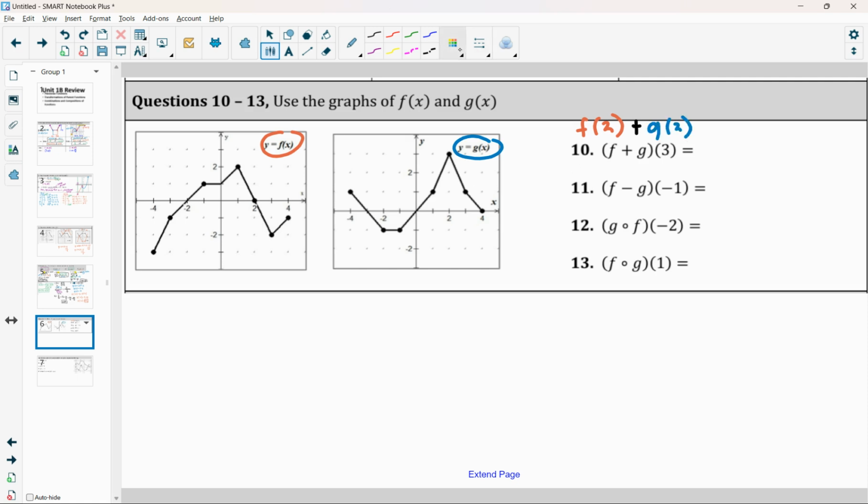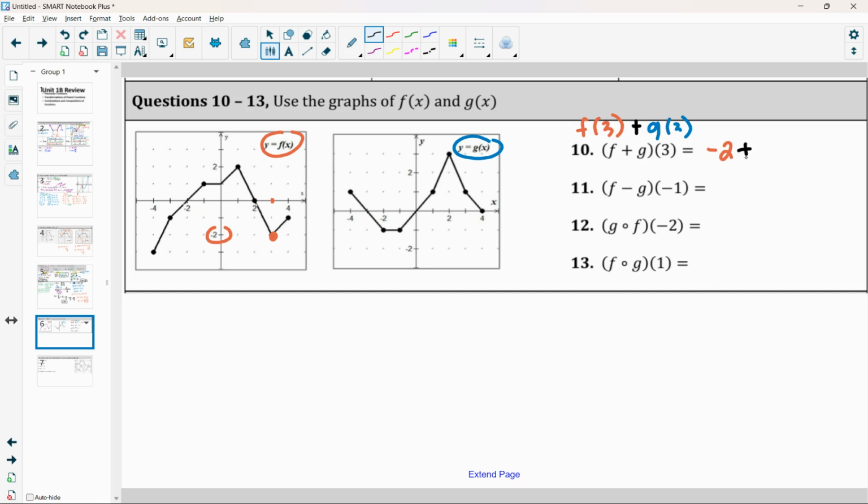So when we go to look at f of 3, the 3 is your x value. So you're looking here at 3, and you're looking for where the function is on that line. At x equals 3, our function is at negative 2. So f of 3 is negative 2.